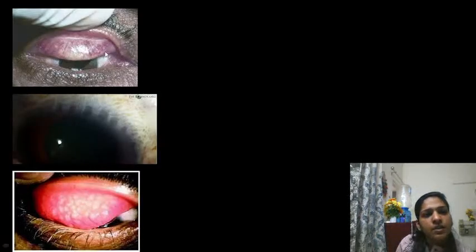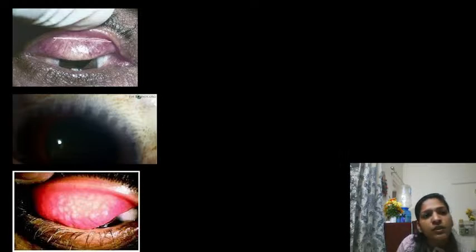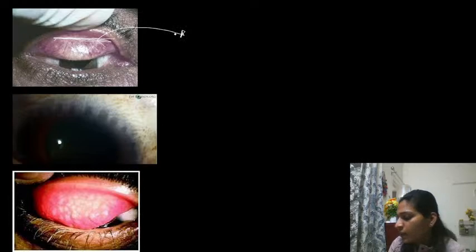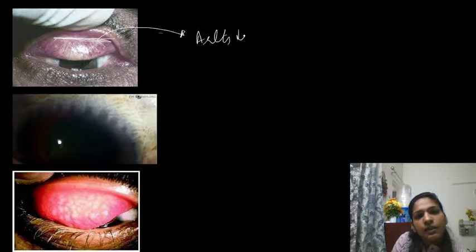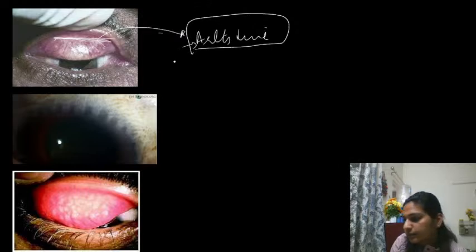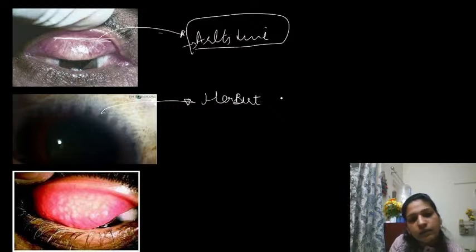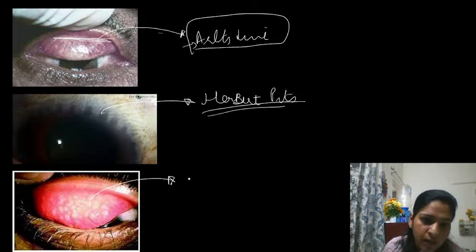In these clinical features, can anyone tell me what this line is? There is a whitish band present over the upper palpebral conjunctiva. This is known as Arlt's line. And these are Herbert pits, and these are follicles present over the upper palpebral conjunctiva.